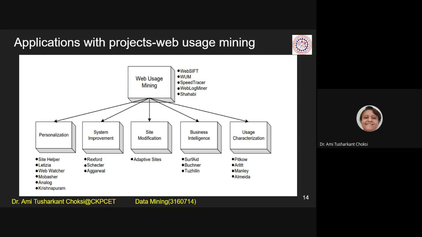Okay, so we can have the idea for personalization also. So site helper is there. Letizia, this is the author name, but whatever tool he has made, he has named that only, right? Or if we are not given the name, then also the tool name can be given from the author's or creator's name, right? This way people are working. So web matcher is there, analog is there, then Mobeshwar is there, and Krishnapuram, right?